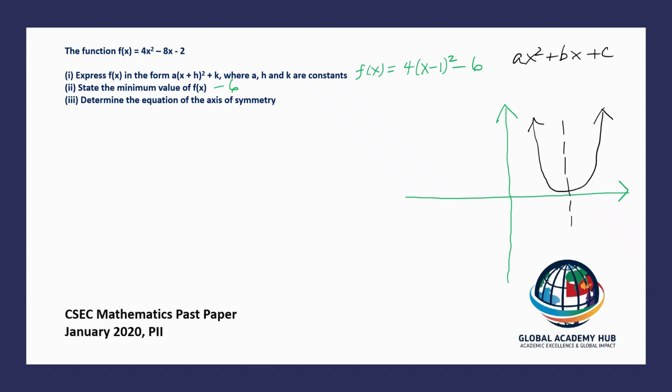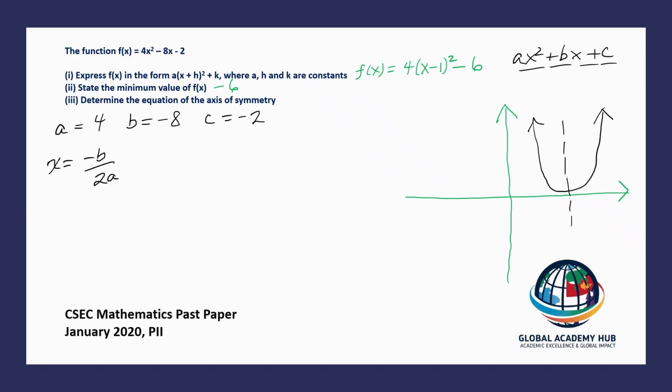We kind of found it earlier, but let's get back to what we know. We know a is equal to 4. We know b is equal to minus 8. We know c is equal to minus 2. Again, that is from this form. To find the minimum point, the x value, we use a formula x is equal to −b/2a. Now, should you be asking if I'd be using the same formula if it was a maximum point?